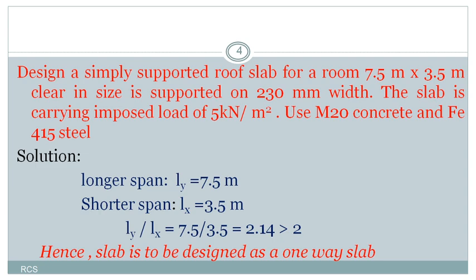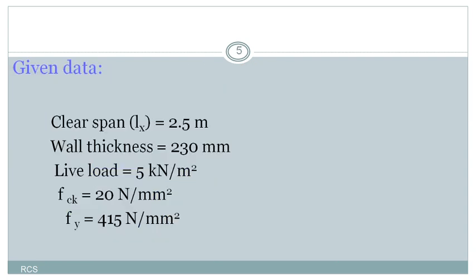We have to calculate the effective length with respect to the shorter direction, because the maximum load will be carried by the shorter span and the maximum bending moment will occur along the shorter direction only. That's why we have to pay attention to Lx only.